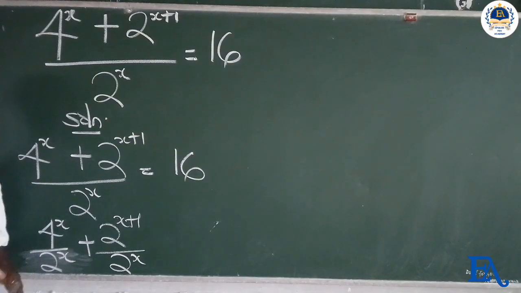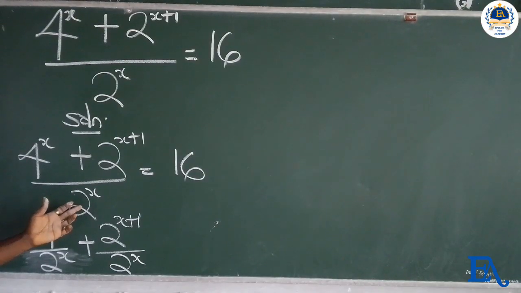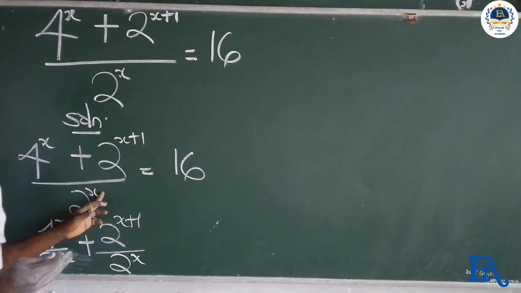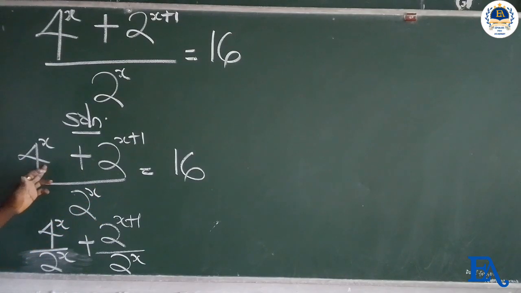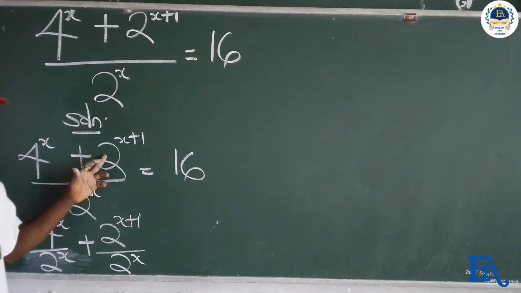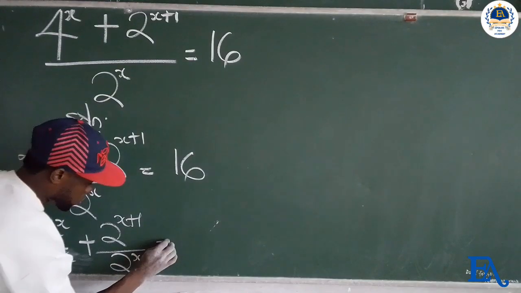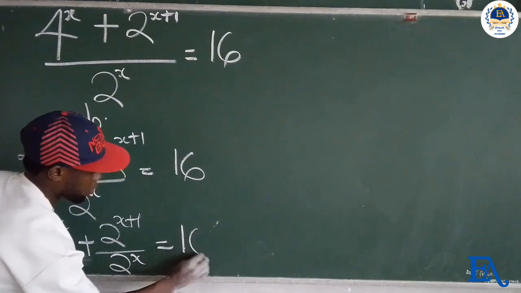That's how the division distribution rules works. Because they were sharing the same denominator, 2 raised to the power of x, when distributed among the single terms in the numerator, we obtain this. So this is equal to 16.